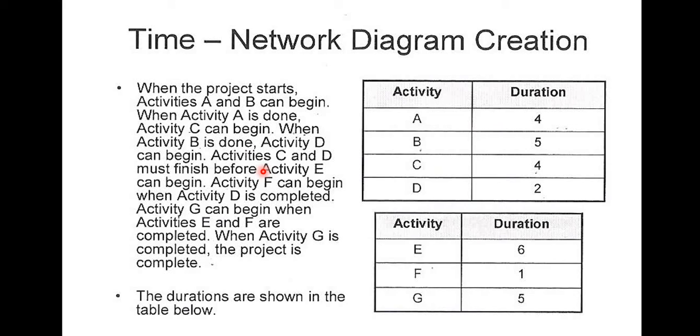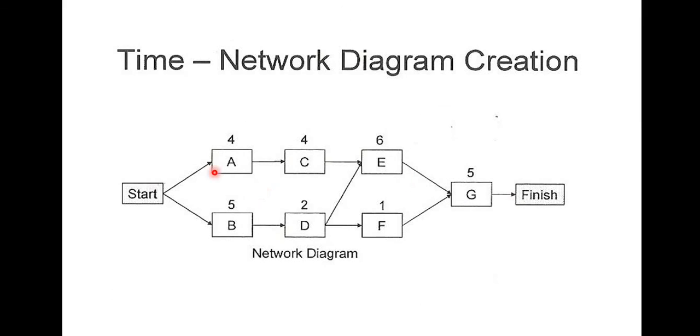When the project starts, activity A can begin. So this is the start box. A and B can begin. So when the project starts, A and B can begin. So what kind of predecessor is that? A and B can begin. That is start to start. A and B can start together.